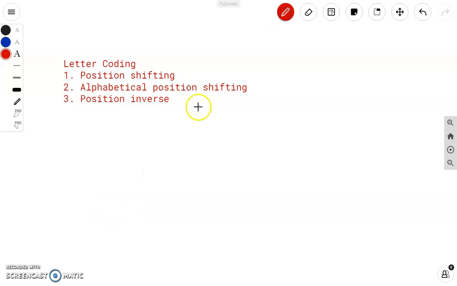If you write that down, it is I T N I E T A M. This is the code for intimate.